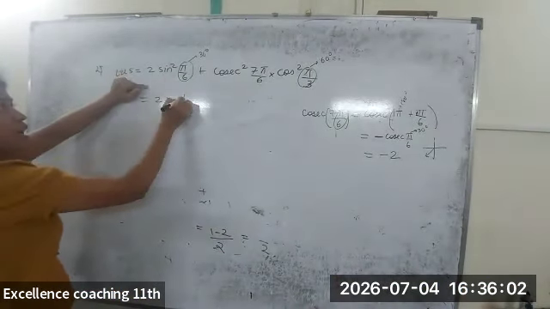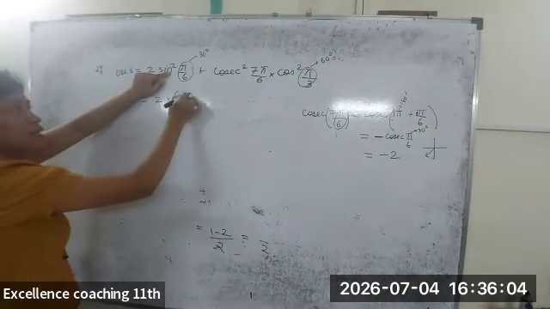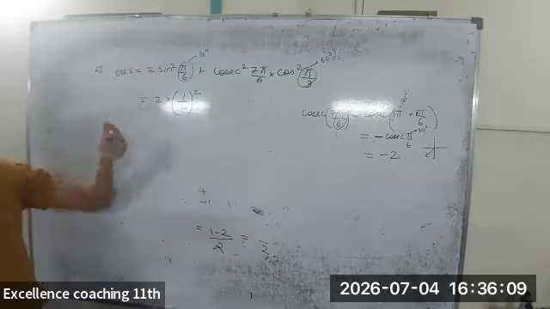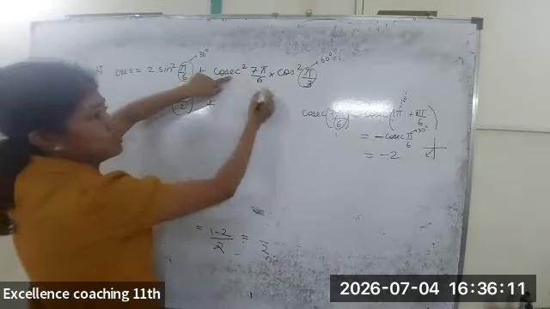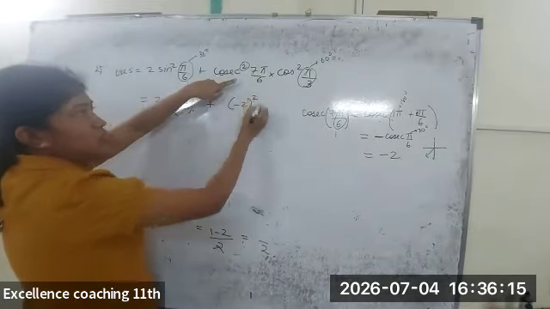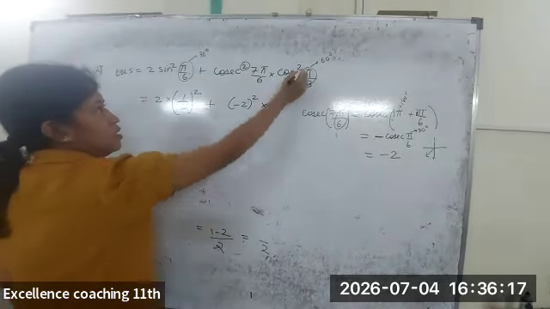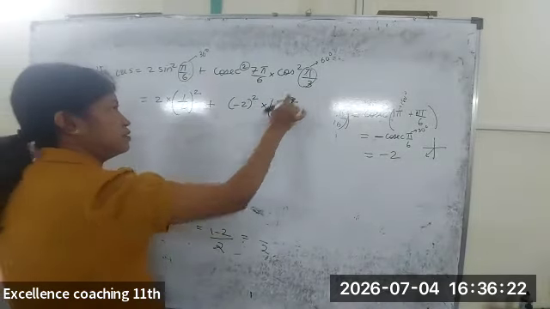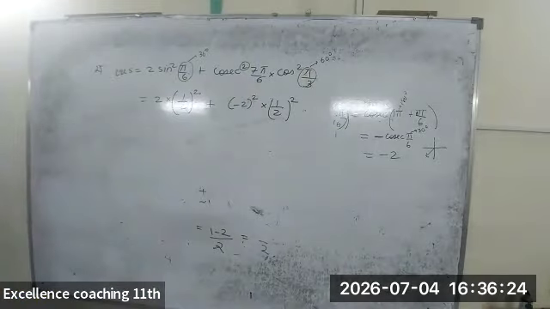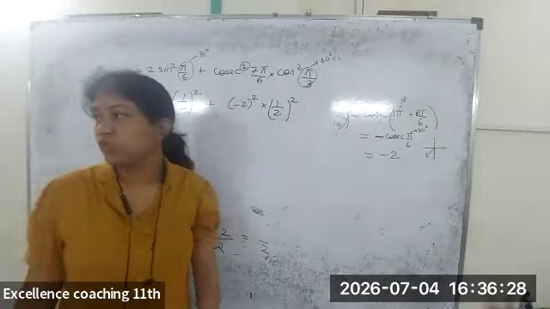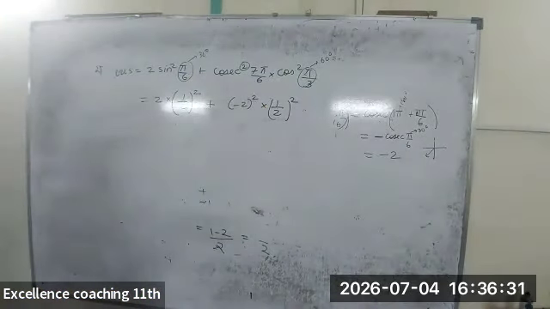Sine 30 is half, but there is a square there. So 2 is outside. How much did we get? Minus 2, but there is a square there. Cos 60 is half, so cos of 60 is again half. Square all the terms, whatever answers you are getting, and now simplify.